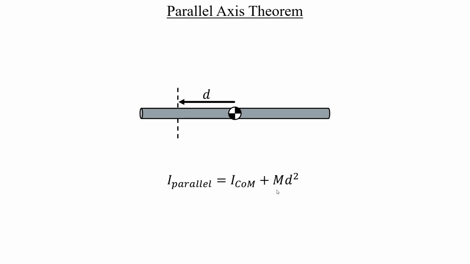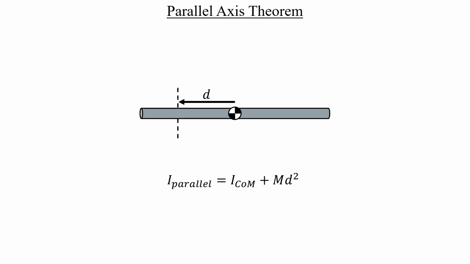Capital M is the object's total mass, and lowercase d is the displacement from the center of mass, right? So we calculate the regular moment of inertia relative to the center of mass, and then we take this product. We add the two things together, and that's it. Now you have the new moment of inertia located at this other position.